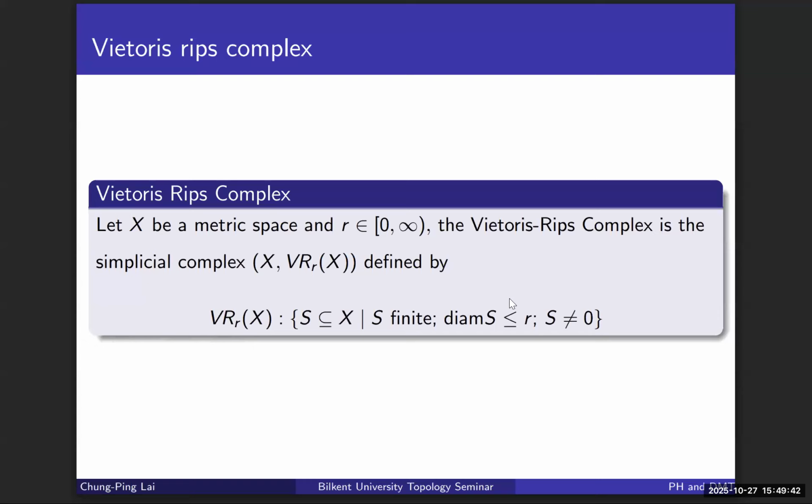So now we have a filtration obtained from a point cloud, called the Vietoris-Rips complex, that is well motivated.